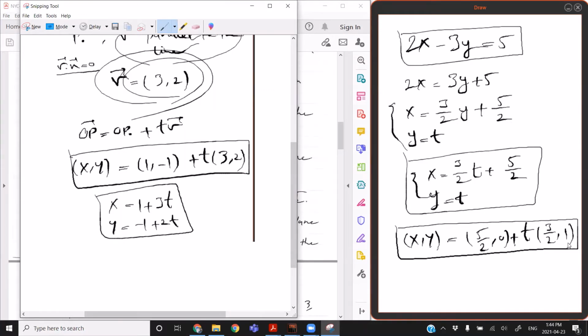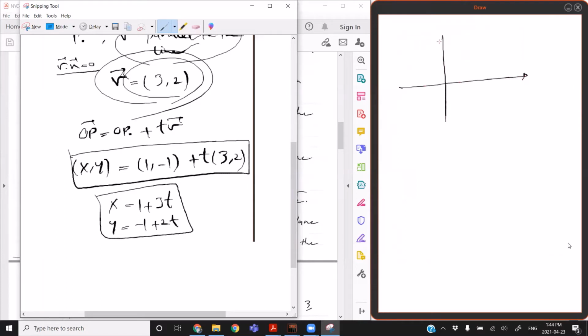Because when you're dealing with a line, and you represent that as a vector equation like OP equal OP0 plus TV, then any vector that is parallel to the line, for example, this vector here, or this one, or this one, and any point on the line can serve as the P0 and the V.